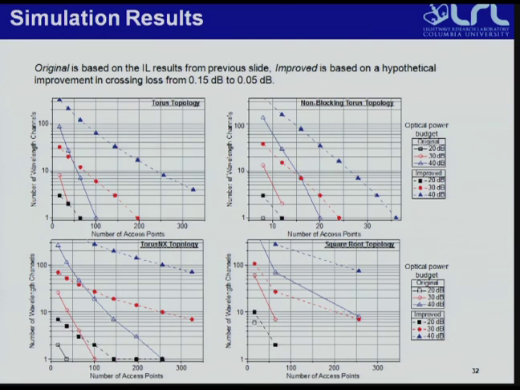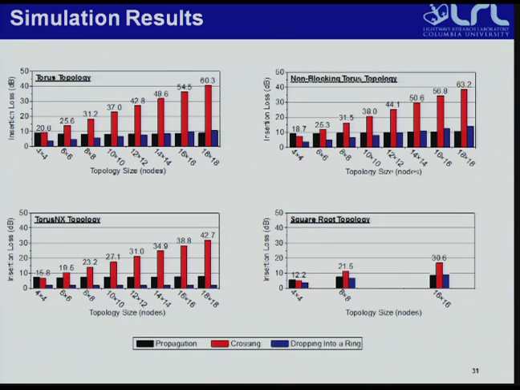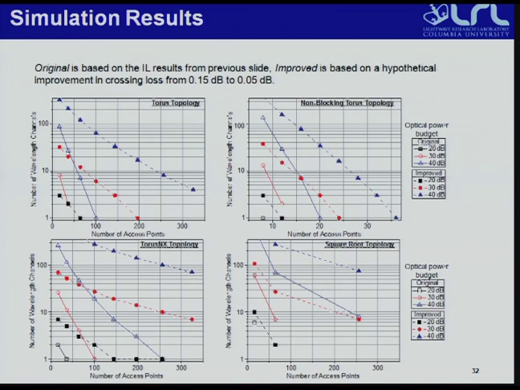The dotted lines are a game we played where we said, if our crossing losses were less, what would the insertion loss be like? Since the crossing loss dominates most of the insertion loss here, what if each crossing contributed less insertion loss? How many wavelengths would we be able to use then? Actually, the torus X wins out in that case, which is interesting.